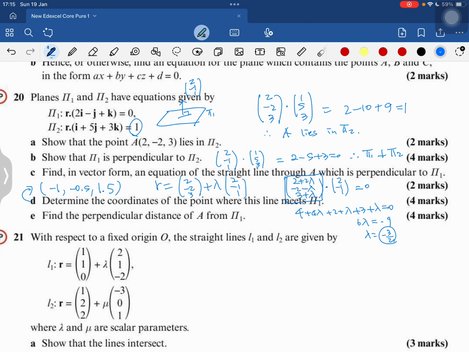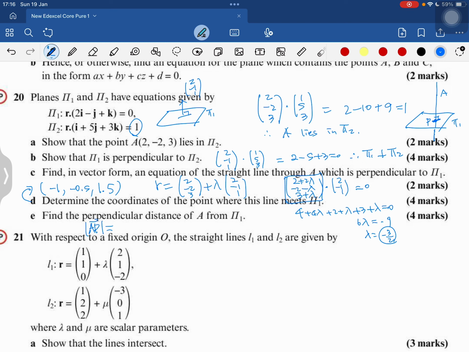Find the perpendicular distance of A from pi 1. So now we have pi 1 here and A was here, and we found this line equation. Just now we found the coordinate here, (-1, -0.5, 1.5). If we call this P, let's say, then the perpendicular distance of A from pi 1 is the magnitude of AP.